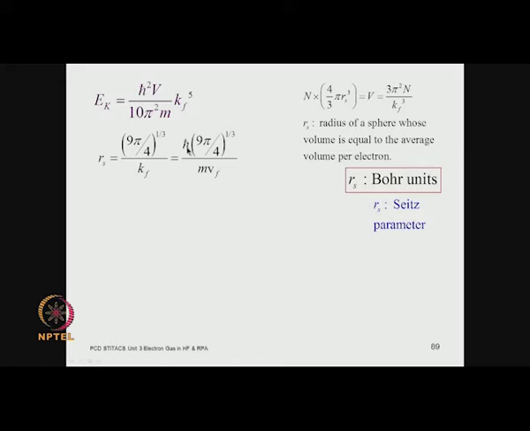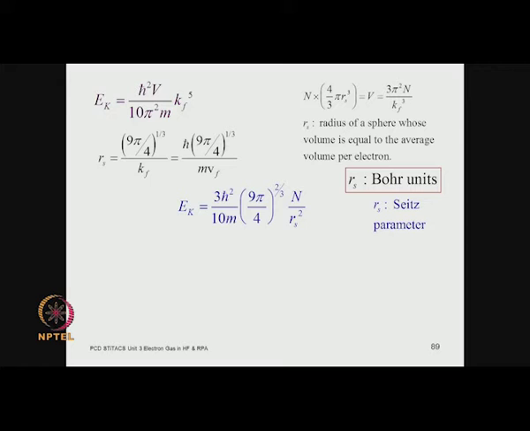So, when you take care of that and put the value of Kf in terms of Rs, then you get an expression for energy which goes as 1 over Rs squared. Now, other than 1 over Rs squared, everything is a constant if you determine the energy Ek per unit electron.